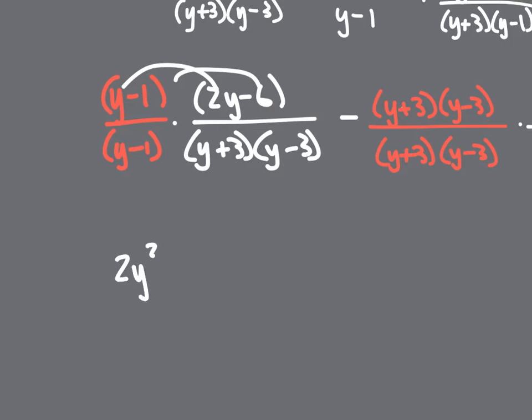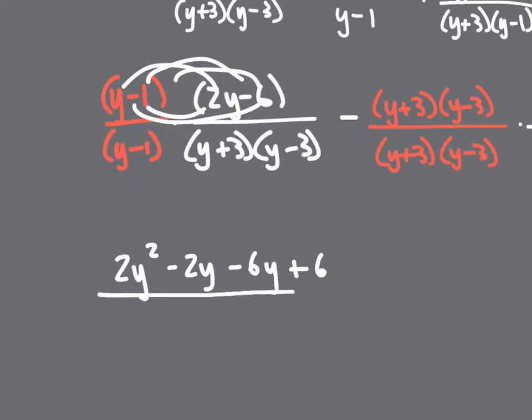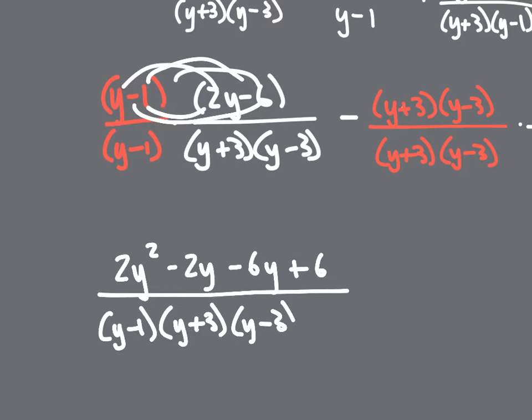I've got negative 1 times 2y, so that's minus 2y. I've got negative 6 times y, so minus 6y. And then I've got 1 times negative 6, which is positive 6, okay? And so from there, I'm going to put that over my common denominator, which is (y minus 1), (y plus 3), (y minus 3), okay?